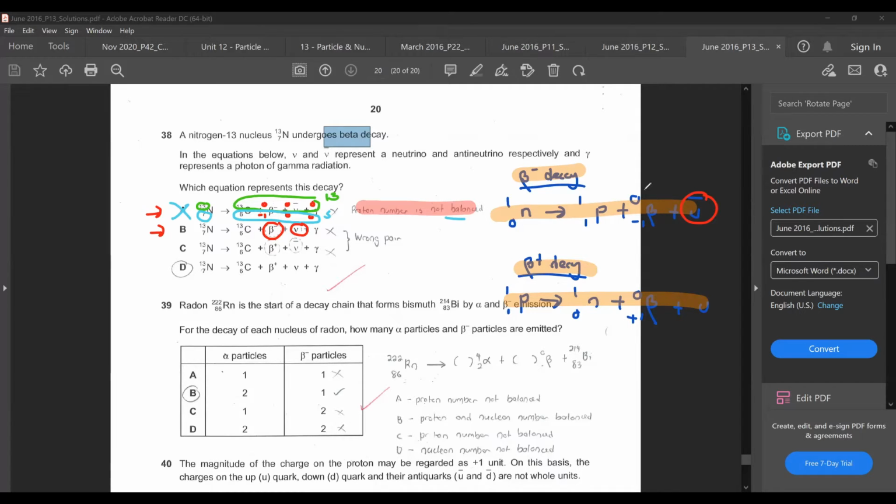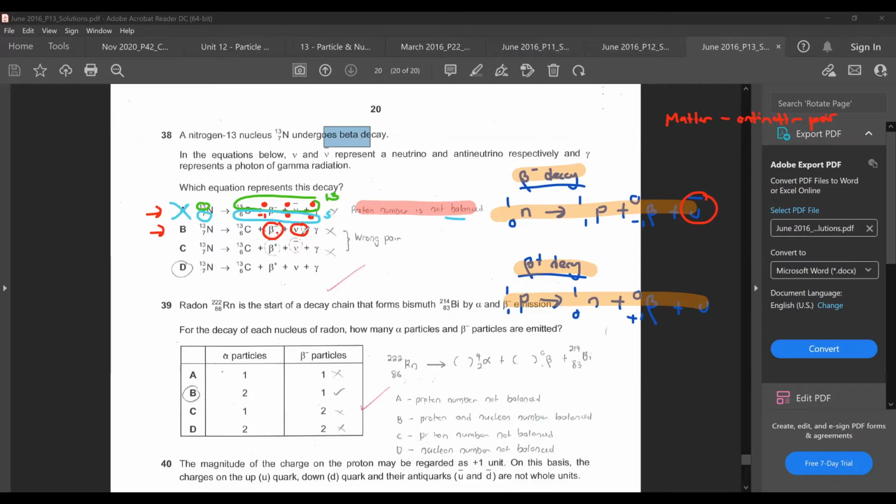Remember I mentioned the matter, anti-matter pair. If the beta particle is matter, the neutrino must be antimatter. If the beta particle is antimatter, then the neutrino must be matter.